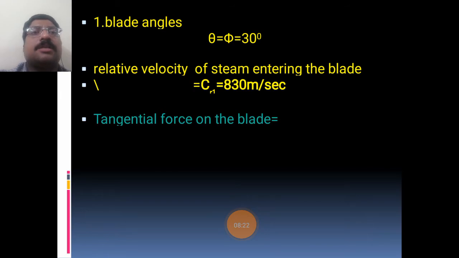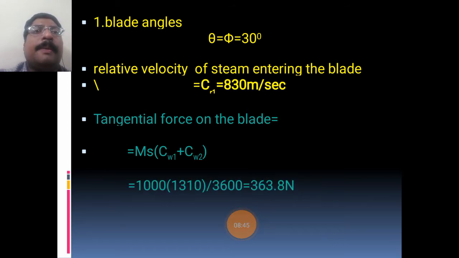And next he has asked for the tangential force on the blade. So for tangential force, it is MS into CW1 plus CW2, because the velocities are tangential components of the blade.